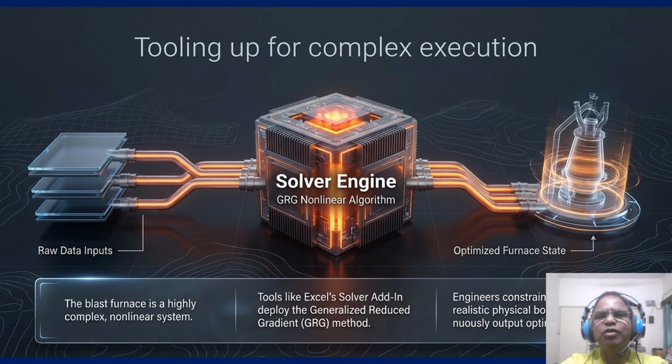So instead of guessing settings, we can use a structured method to decide the best operating value within the real plant limit. Optimization means finding the best blast furnace operating condition within actual plant limits. So with a clear objective, correct variables, proper constraints and the GRG nonlinear solver, we can improve performance in a more scientific and reliable way.